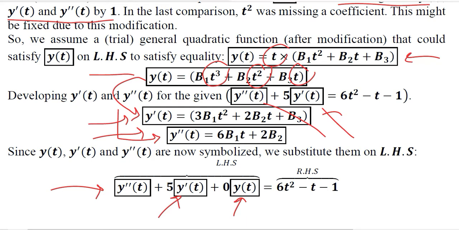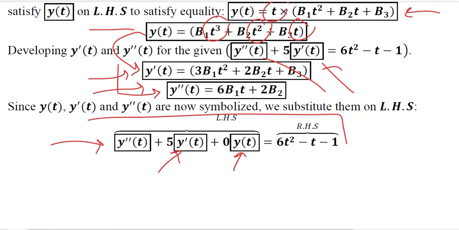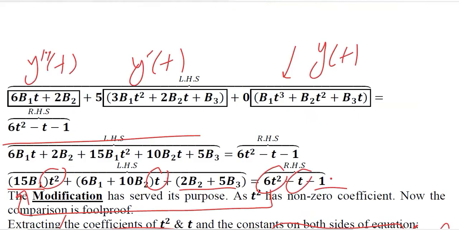So we should put these values in the given equation that we had before. This is that equation that we had. We can put the value of y''(t), y'(t), and y(t). Their values are given. The right hand side is as it is. Now we can simplify these terms.